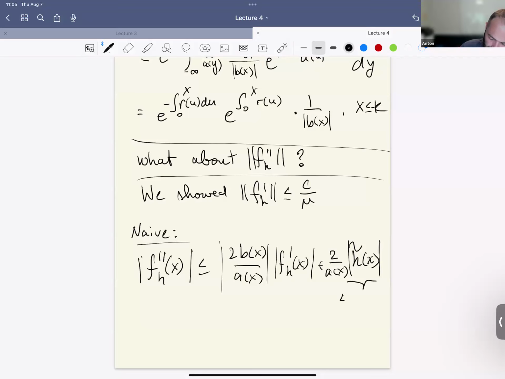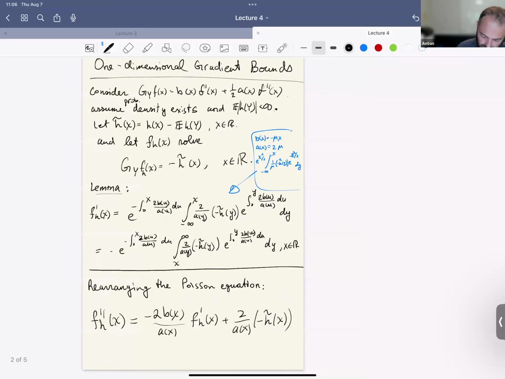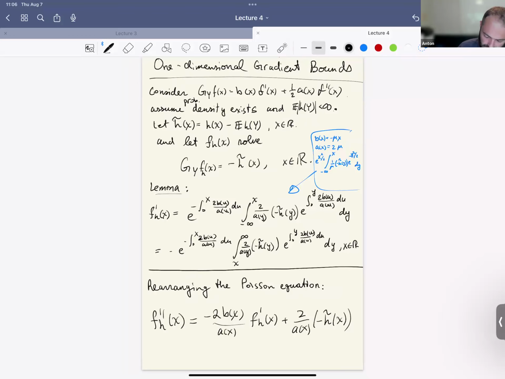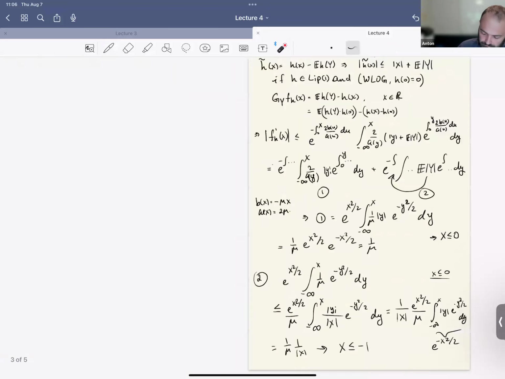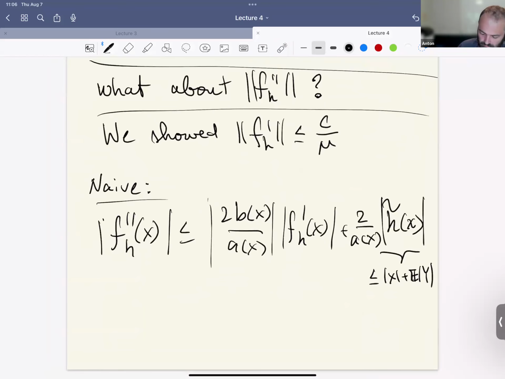But this we know to be less than or equal to absolute value of x plus absolute value of y. Okay, and I just want to make sure that it is correct. Yes, it corresponds to this form. All right, now this thing is less than or equal to C over mu.